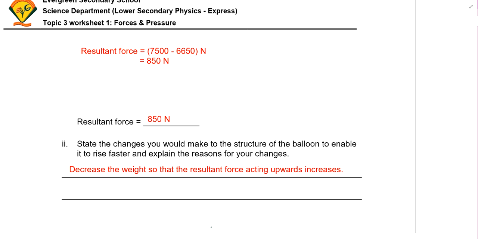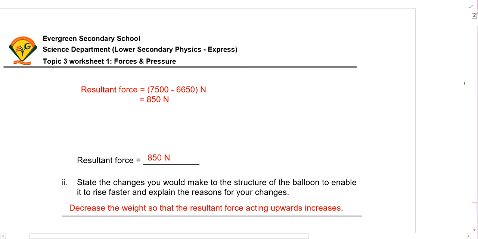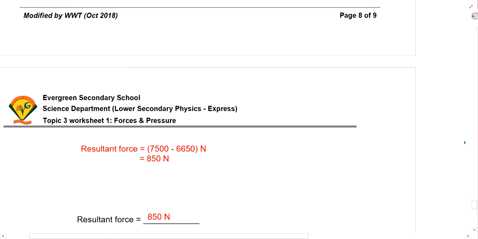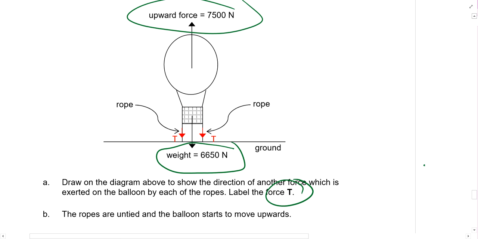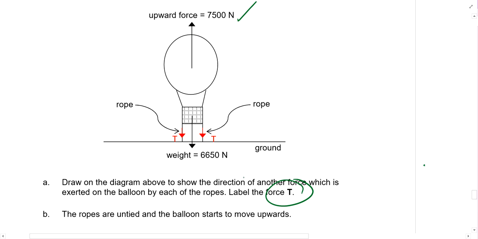So we are trying to reduce the mass, therefore we reduce the weight, so that the resultant force acting upwards increases. Okay? This is the changes that you can make to the structure of the balloon. Because the upward force is fixed already, fixed. The weight, you try and decrease it.